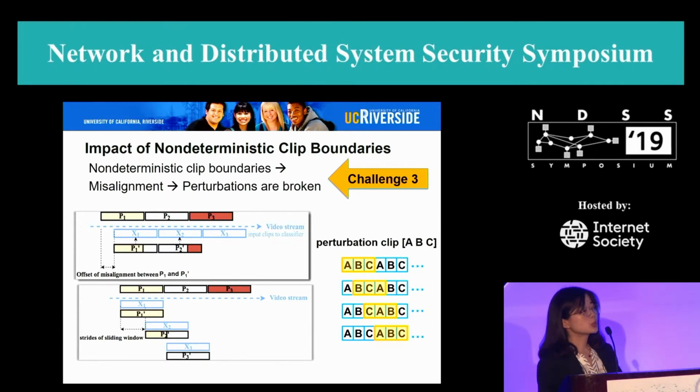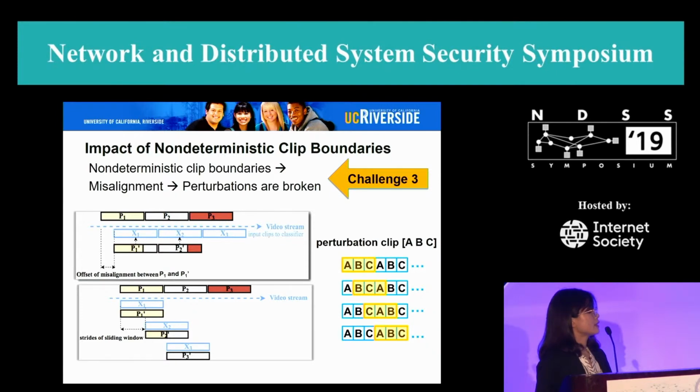So we showcase two examples here. In the first figure, the upper part is the attacker's view, the lower part is the sliding window's view. Here, the attacker assumes a different starting frame from the sliding window. We can see here the extracted perturbation P1 prime is actually a combined version of two broken parts from previous intended perturbation P1 and P2.